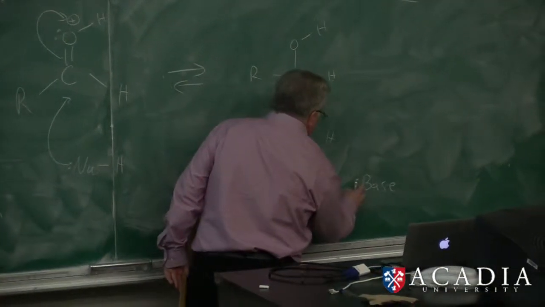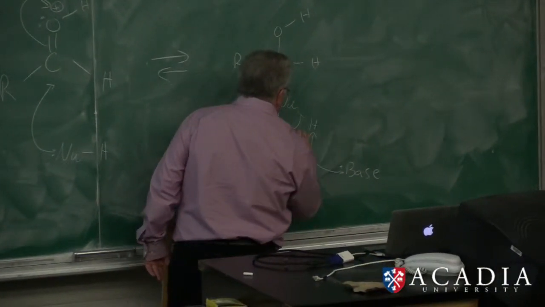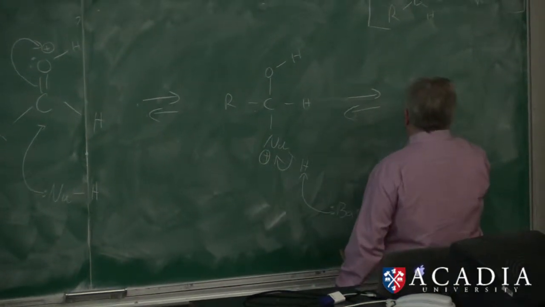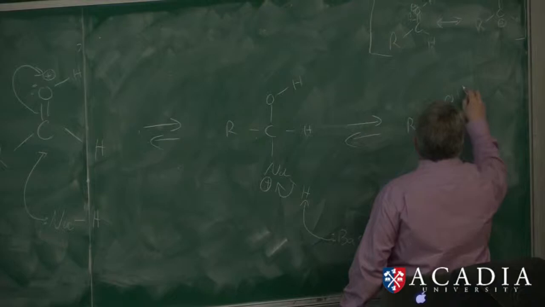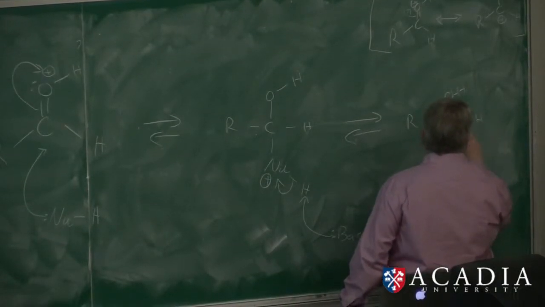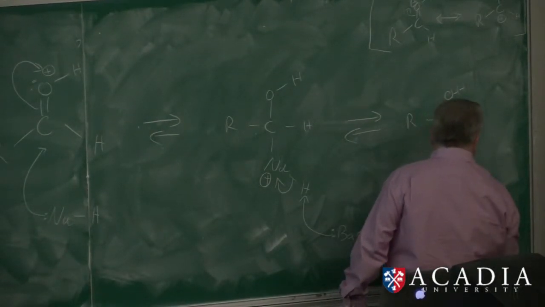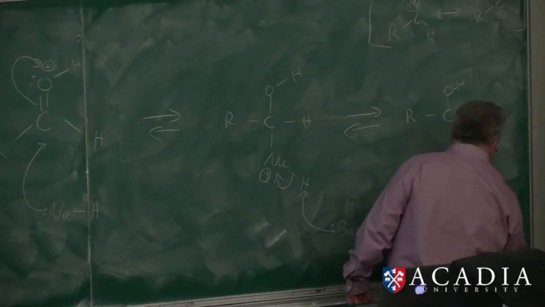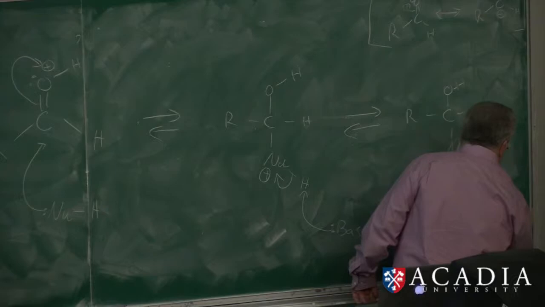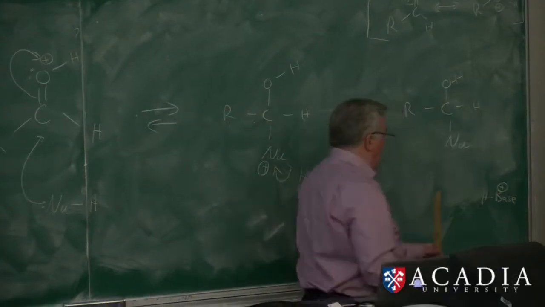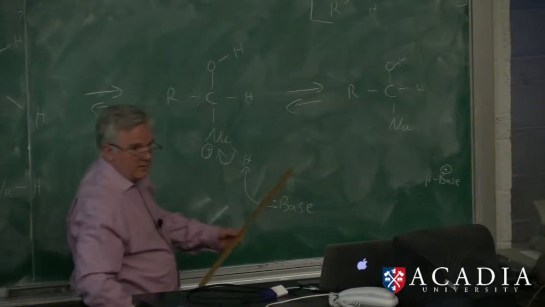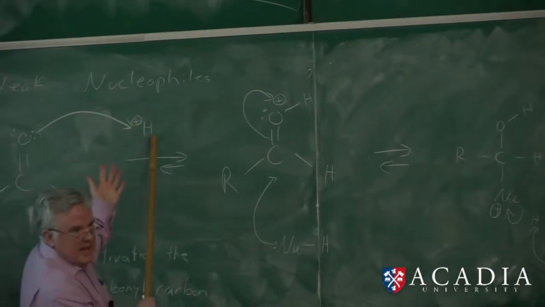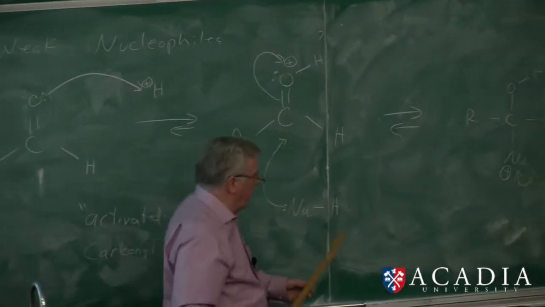So all that happens then, we now have our source of a proton, our acid, which here I didn't show as being an acid, but we just remove a proton.